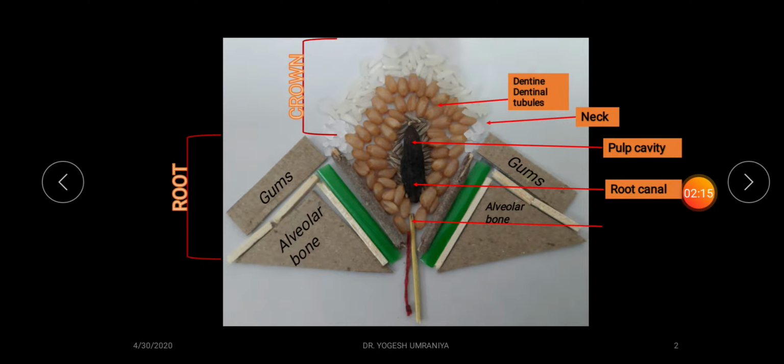Next, there is a gap at the bottom. You can see this gap, that is referred to as the apical foramen, and that is giving passage to the various blood vessels as well as the nerves to the cavity of the tooth, particularly the root canal as well as the pulp cavity.